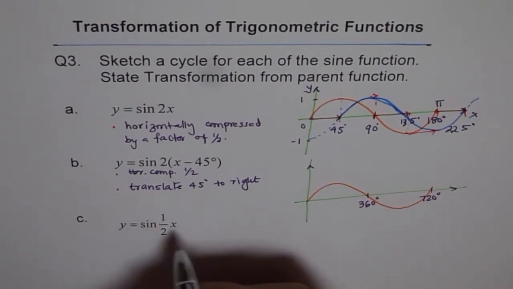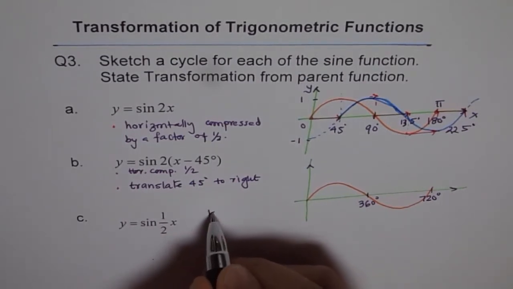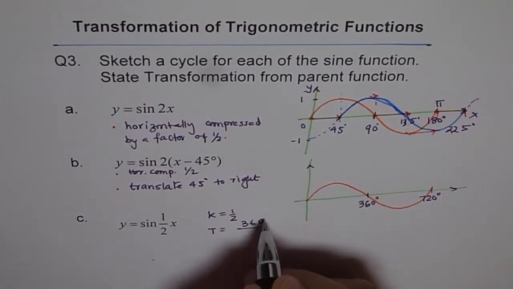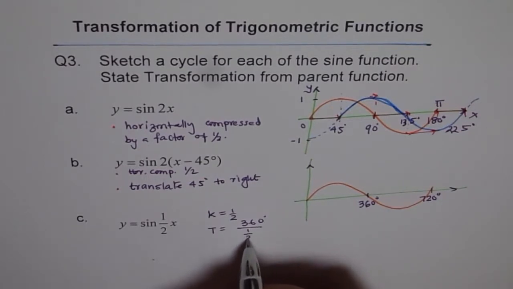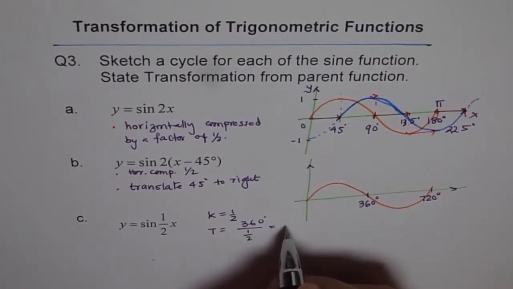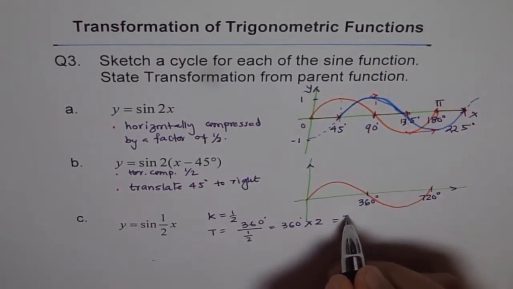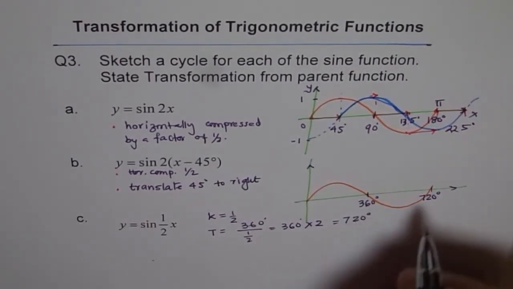So when you say k value here, this is my k value. Understand, k is half. So what is the time period T? T is 360 by half, means 360 degrees divided by half. Divide by half means 360 degrees times 2. That means 720 degrees is the time period.